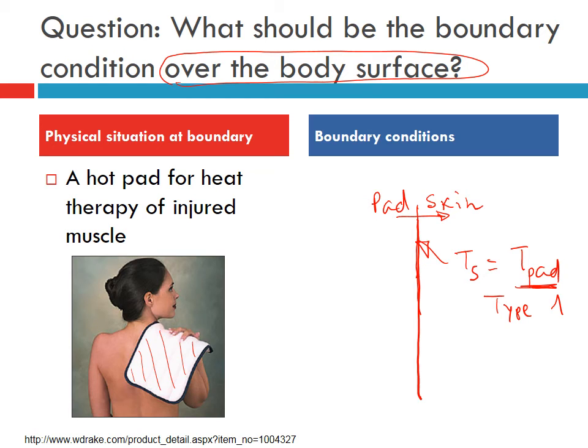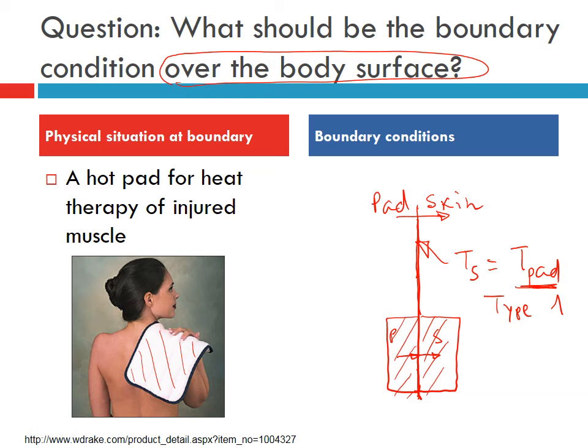So a very realistic condition would go something like this. So this is your pad, the heating pad and the skin, and what you say at this condition is whatever the heating pad is losing is the same amount that the skin is gaining.